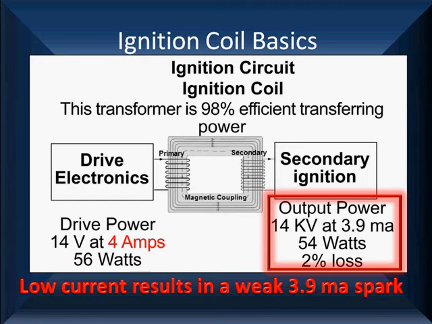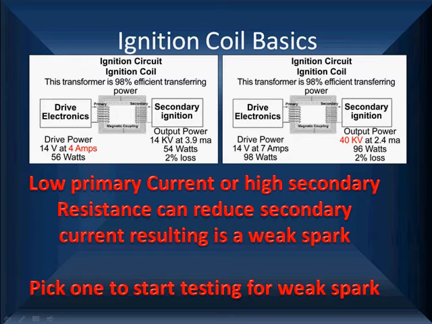What we're making a point of here is you've got to test both the input and the output. Low primary current or high secondary resistance can reduce spark current, resulting in a weak spark, which is how we get a misfire.